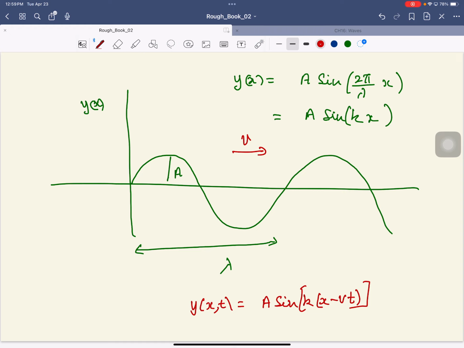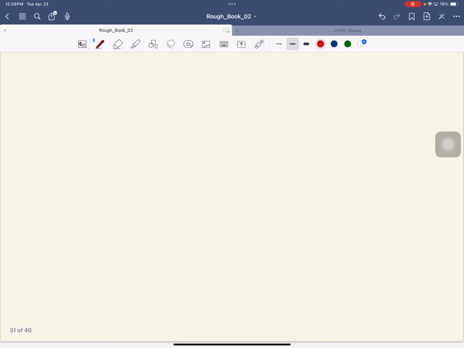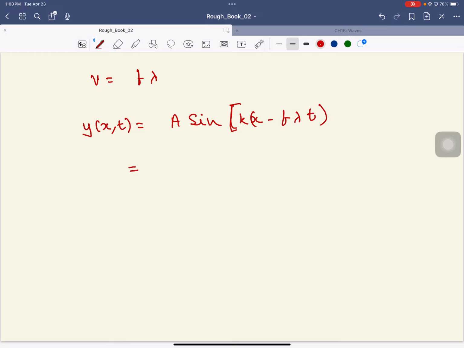All right. Now, you will learn that v, the velocity of the wave, is frequency times lambda. So your function is A sine k(x minus vt). V is frequency times lambda. So A sine kx minus k times f lambda t.